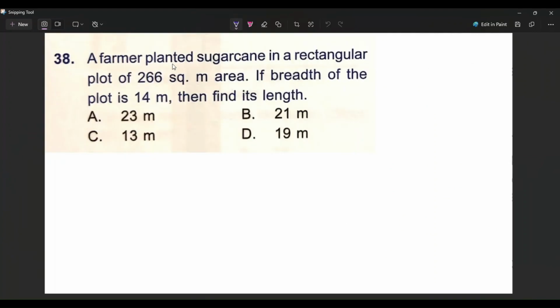38th question. A farmer planted sugarcane in a rectangular plot of 266 square meter area. If breadth of the plot is 14 meters, then find its length. So let's write: area of rectangular plot is equal to 266 square meters.